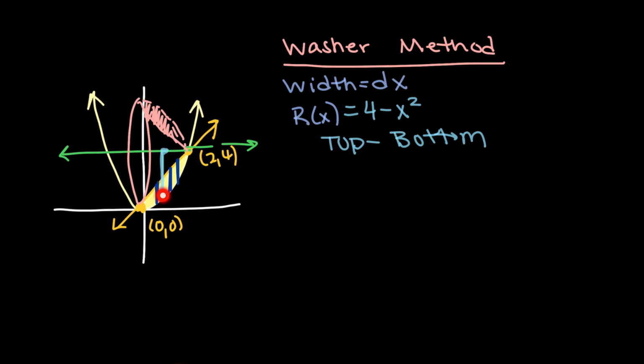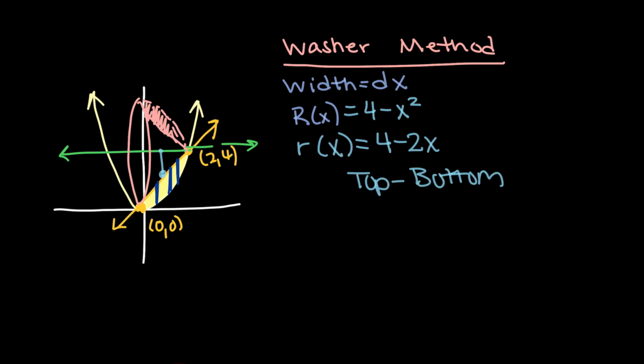To find the length of this line, I'm going to take the top, which is always y equals 4, minus the bottom, which comes from my parabola. So my big R is 4 minus x squared. Top, y equals 4, bottom, y equals x squared.